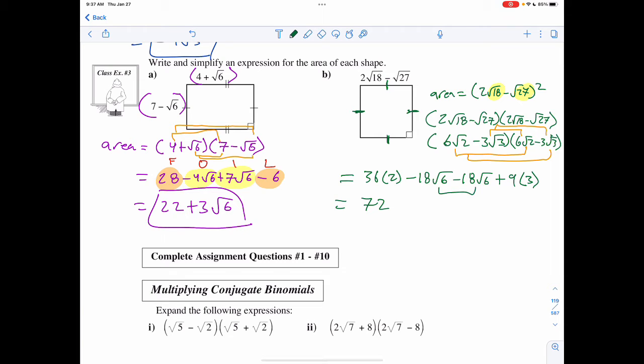I can combine my two like terms in the middle, minus 36 root 6s, plus 27. And then I can combine my constants, or my non-radical terms, I should say. And I'm going to get 99 minus 36 root 6.